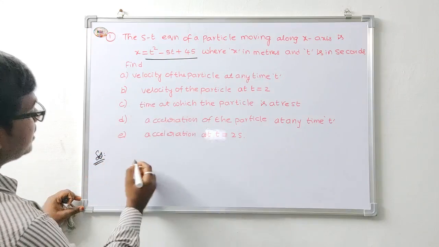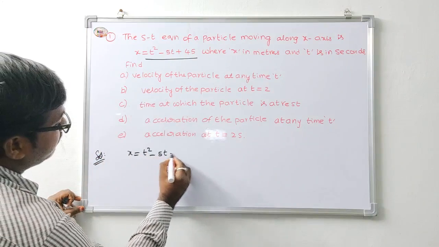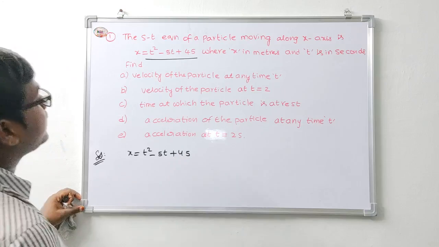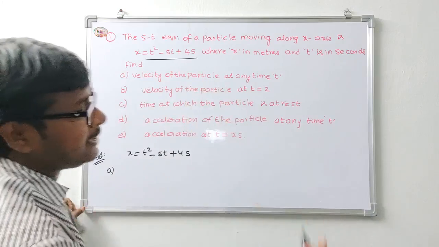First, write the equation x = t² − 5t + 45. First part, the velocity of the particle at any time.